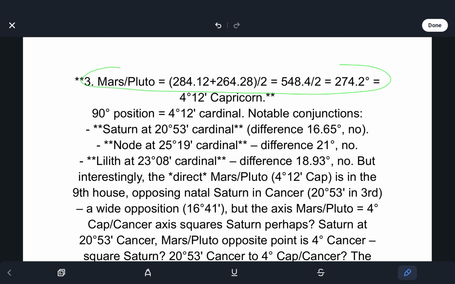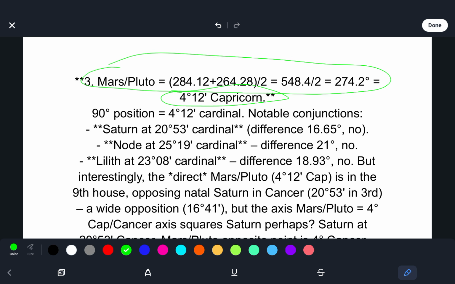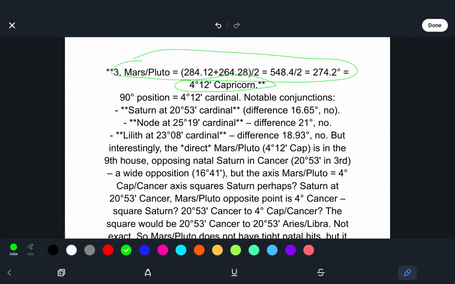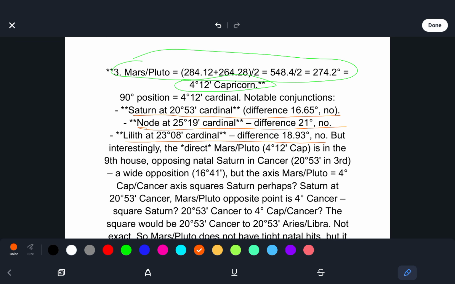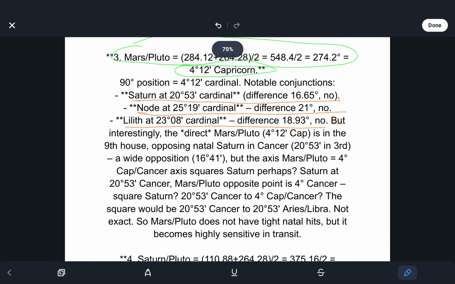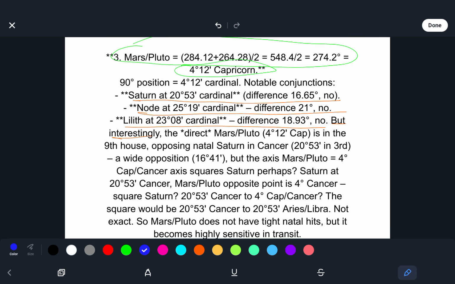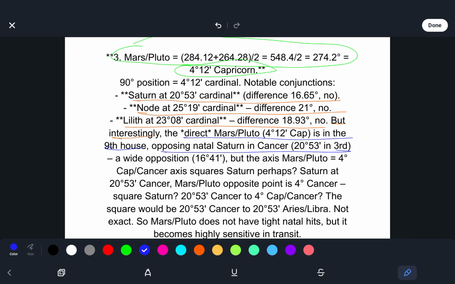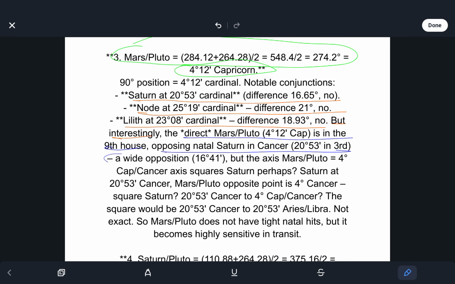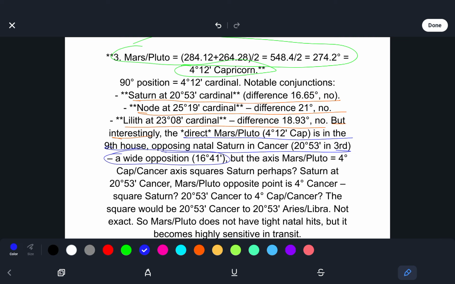Mars-Pluto, 4 degrees 12 Capricorn, cardinal. Saturn at 20 53 cardinal, Node at 25 19 cardinal, Lilith at 23 08 cardinal. There's no difference for any of these. But what's interesting here is the direct Mars-Pluto, 4 degrees 12 Cap, is in the 9th house, opposing the natal Saturn in Cancer, 20 degrees 53 in the 3rd house, which is a wide opposition of 16 degrees 41.